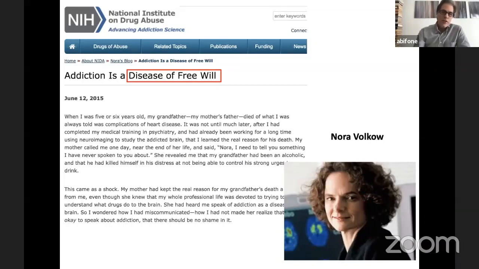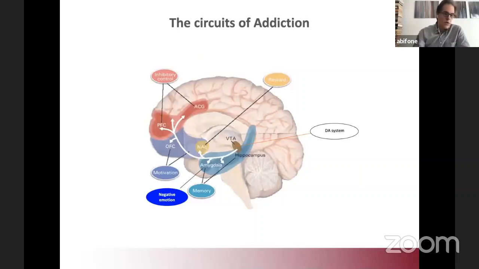This also points to the complexity of this disease, which is very apparent when we look at neuroimaging studies. The number of different circuits that seem to be involved in addiction is wide and complex.